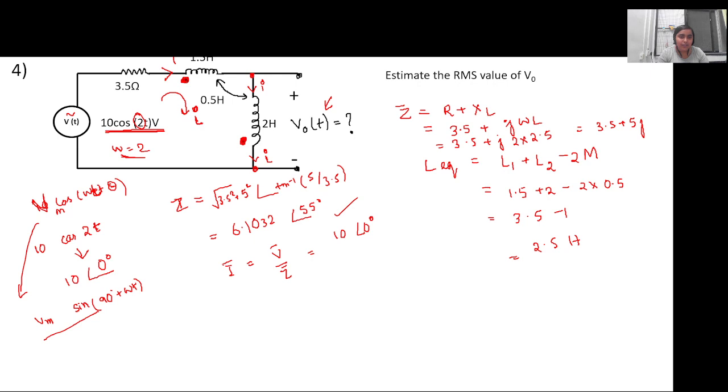So when we reconvert it back from phasor to the time domain, you will write sine of 90 degree plus omega t. You do it this way, you will arrive at the same answer. You try it and let me know. Okay, ma'am.